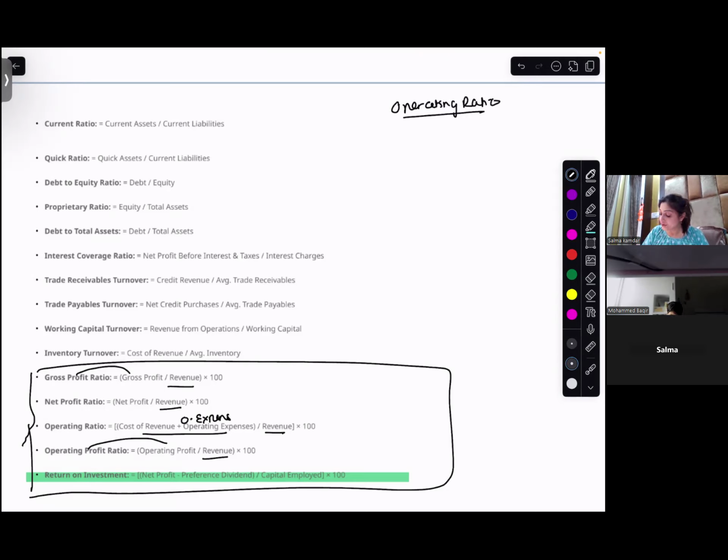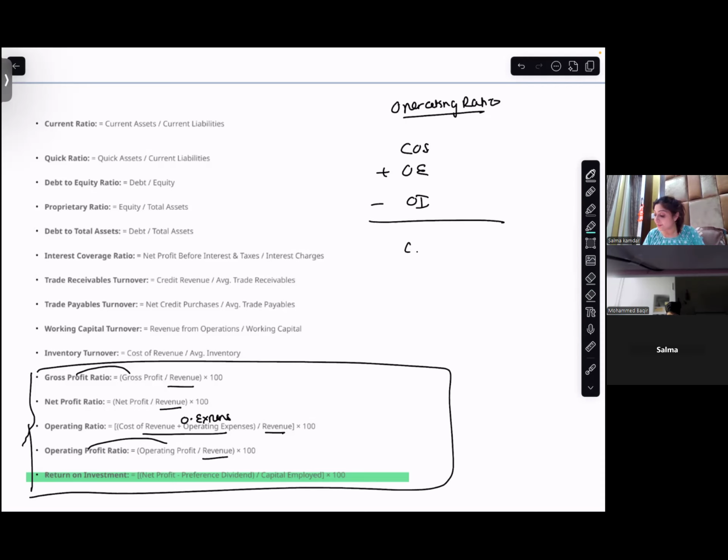It would be cost of sales plus operating expenses minus operating income. This is going to give you your operating cost. Okay. Operating cost. Operating ratio.